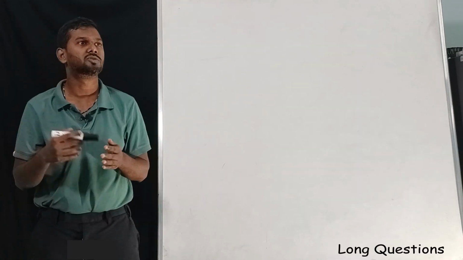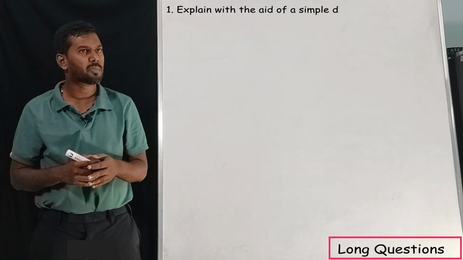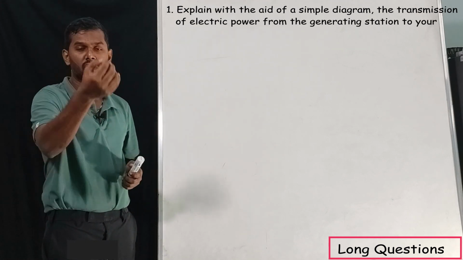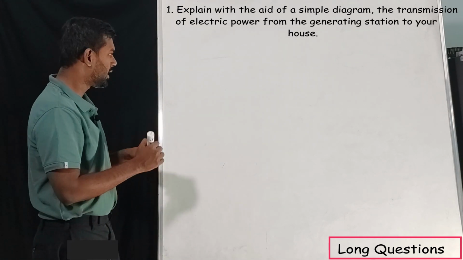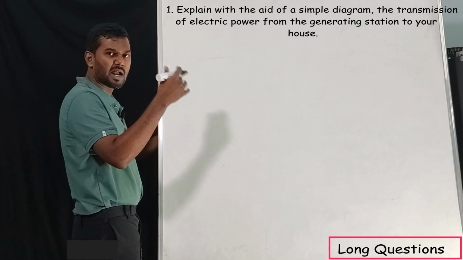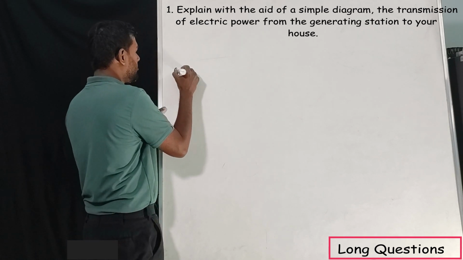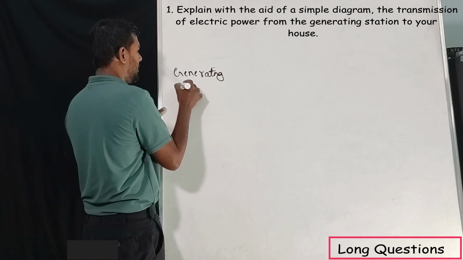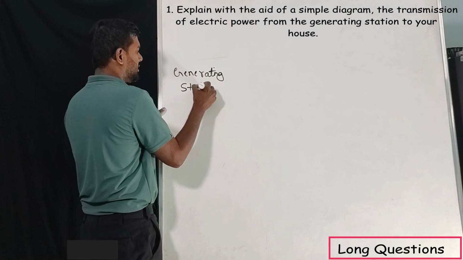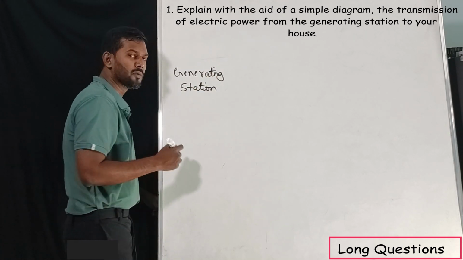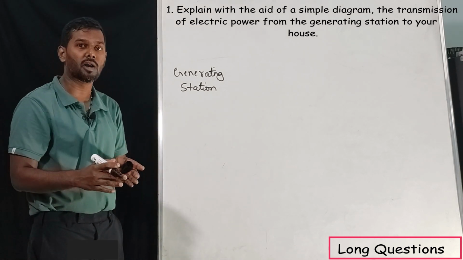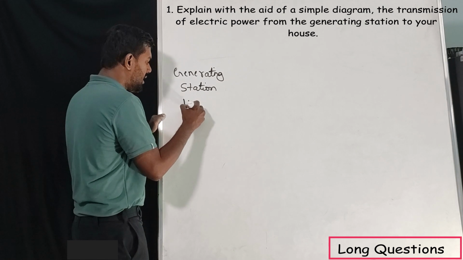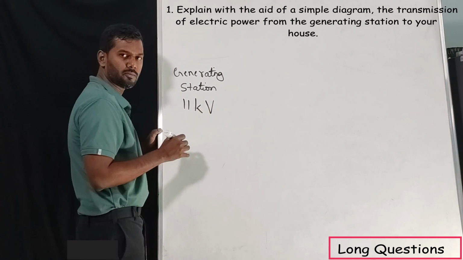That's it. Our next question: explain with the aid of a simple diagram the transmission of electric power from the generating station to your house. We need to draw the block diagram. It will always start from the generating station. We know the voltage we are generating at the generating station, that is 11 kilovolts, correct?